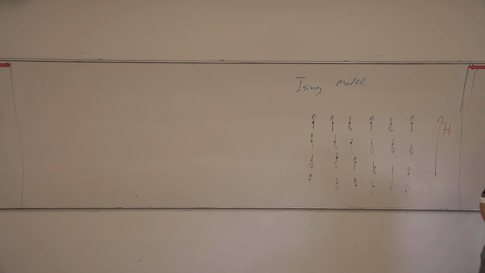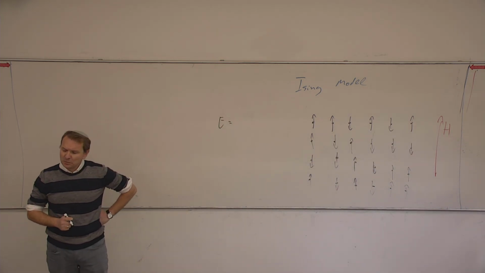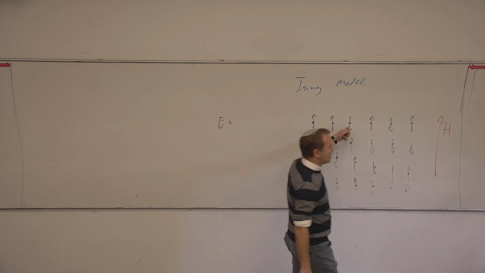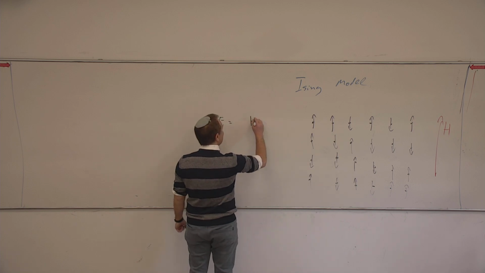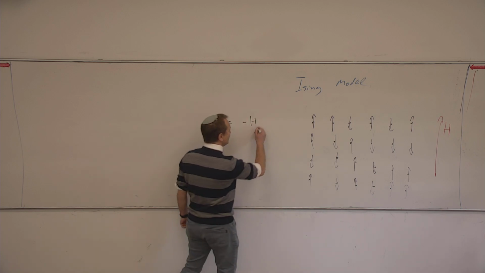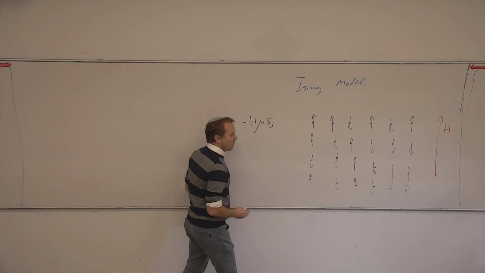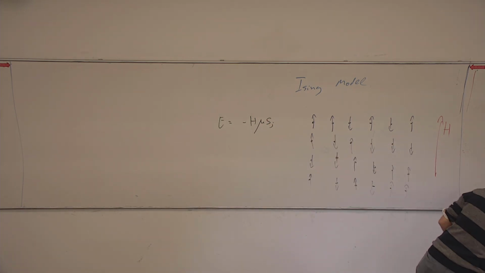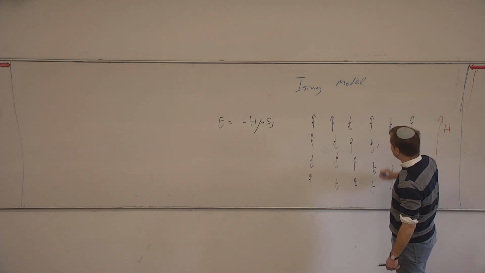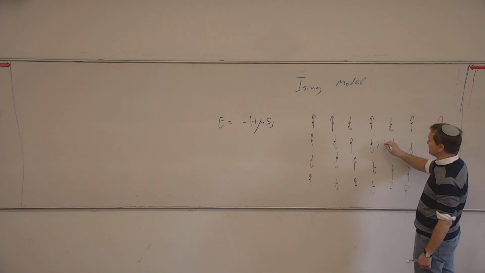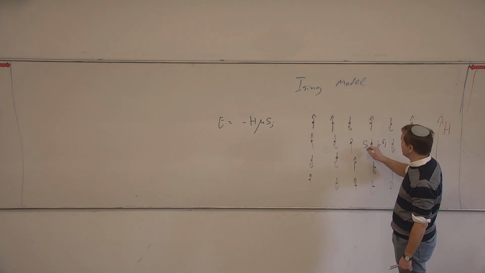And we know that the energy due to the interaction between each spin and the external magnetic field is minus H mu, which is the Bohr magneton for our case, as j. What is j? We took a specific point on the lattice, j. The location of this lattice point is Rj, and there is a spin associated with it, which is Sj.